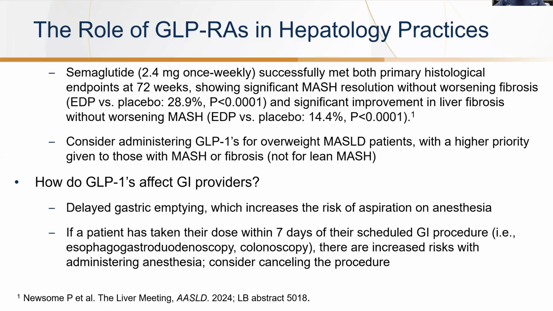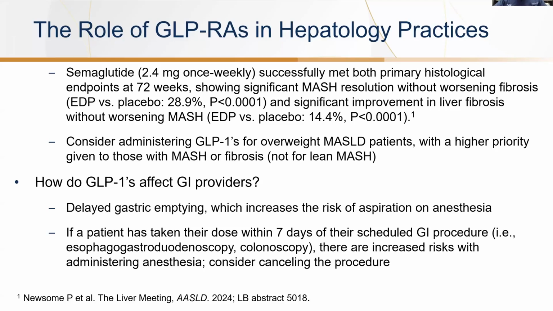How do GLP-1s affect GI providers? Well, they can affect gastric emptying, causing delayed gastric emptying. If a patient has a planned procedure and is taking a GLP-1, because of the risk of delayed gastric emptying, this can also increase the risk of aspiration in a patient undergoing anesthesia.